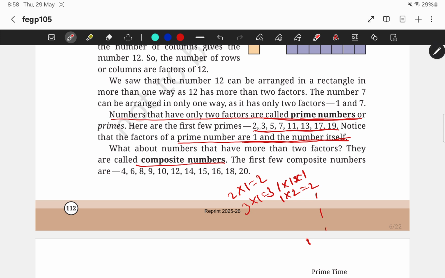You can observe here 2, 3, 4. So 4 is a composite number. Here 4 is not a prime number because 4 is a multiple of 2. 2 2s are 4. I already said that prime numbers are the numbers which are only multiples of 1 and the number itself.